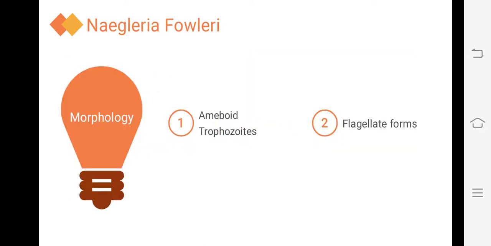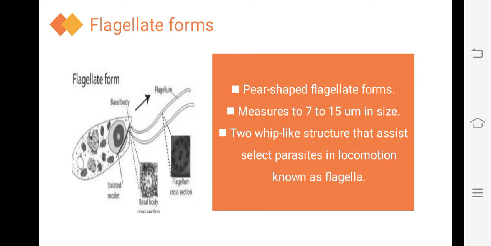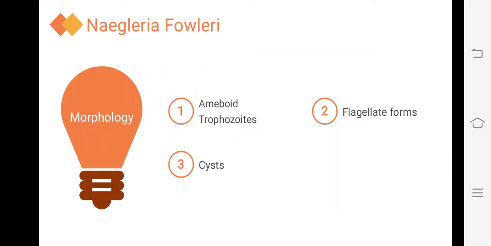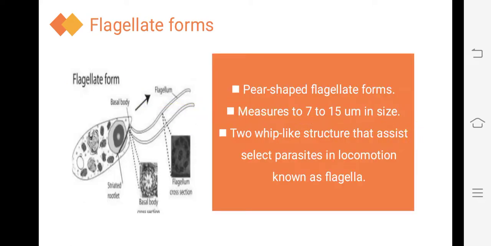The next one is the flagellate form, the stage that contains the flagella. It is pear-shaped and measures 7 to 10 micrometers, with two whip-like structures that assist the parasite in locomotion, known as flagella.